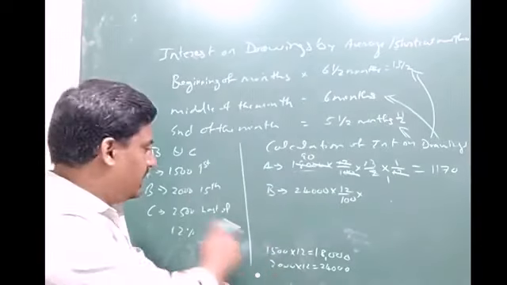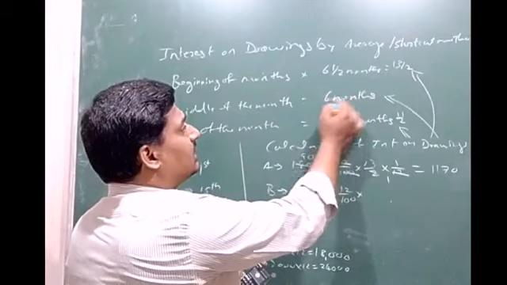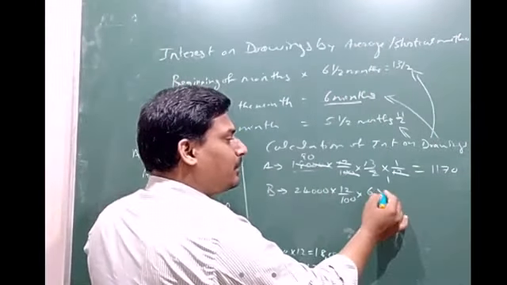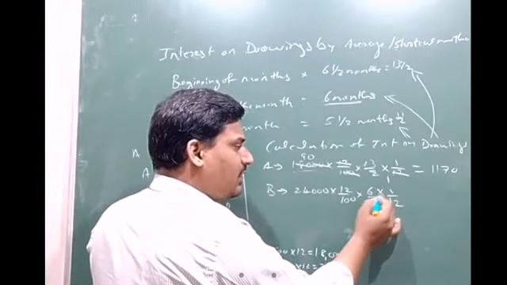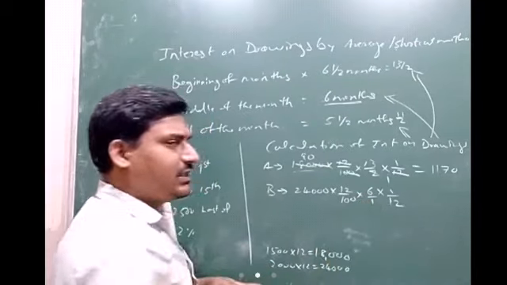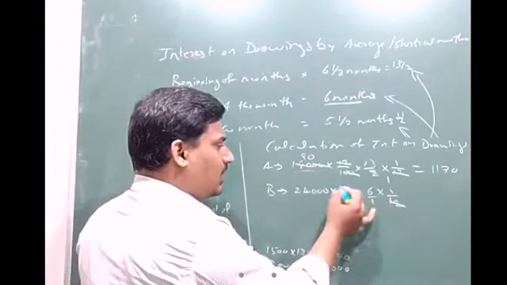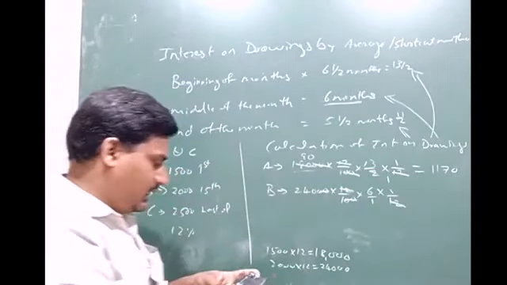So he has withdrawn on the 15th of every month, so the average period comes to 6 months. So into 6 into 1 divided by 12. So 12 gets cancelled, 0 is gone. So 240 into 6.